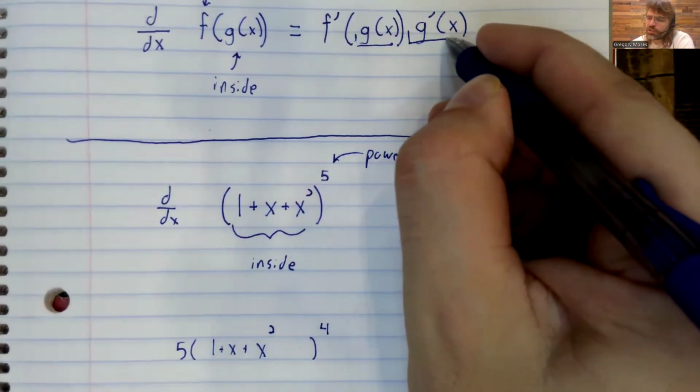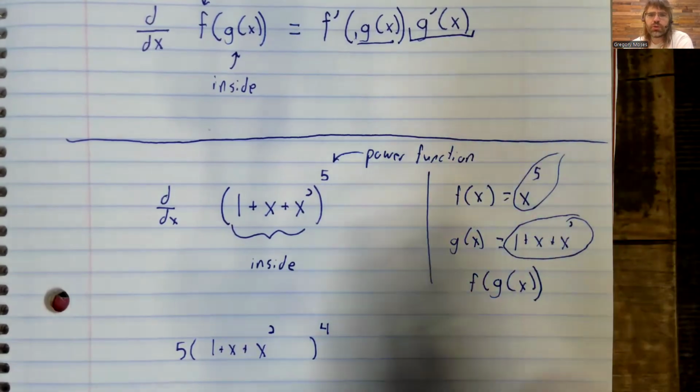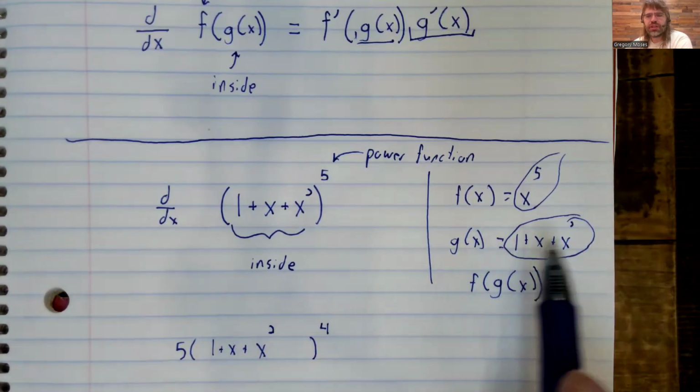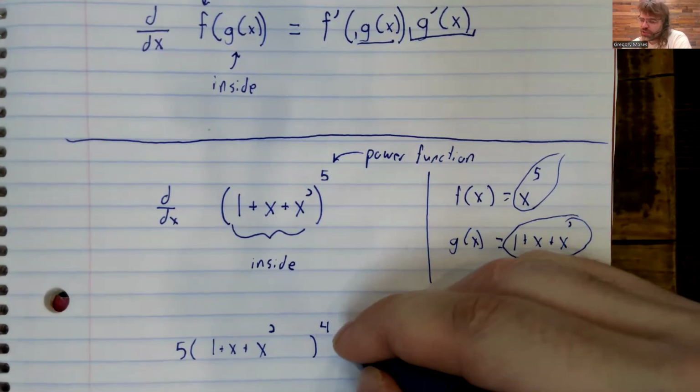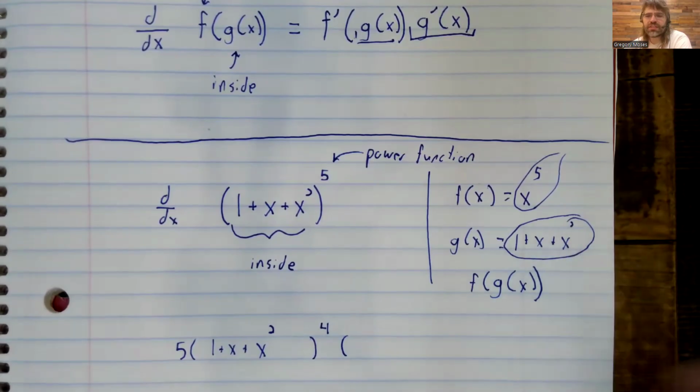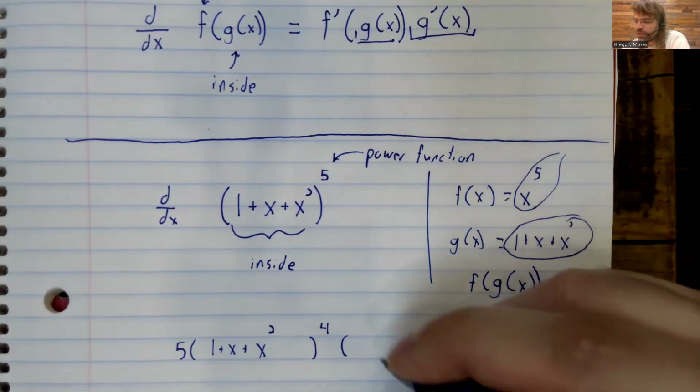But we're not done, because according to the chain rule, we should multiply by the derivative of the inside function. This inside function is the quadratic, 1 plus x squared.